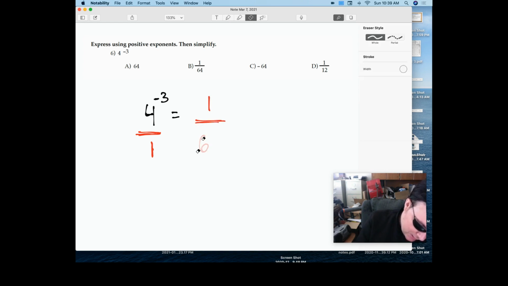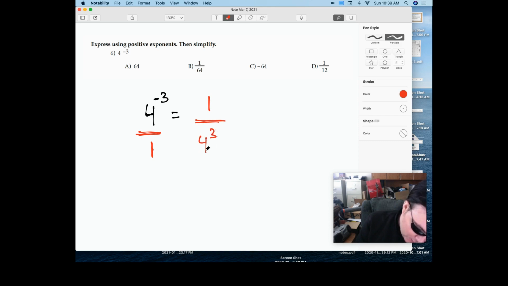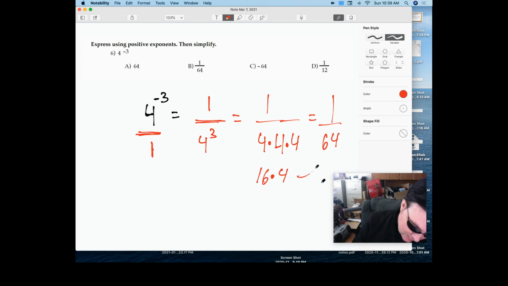Here I am jumping straight to the answer, which means that we're left with 1 over 4 cubed. 4 cubed means 4 times 4 times 4, which leaves me with 1 over 64. 4 times 4 is 16, and 16 times 4 is 64.